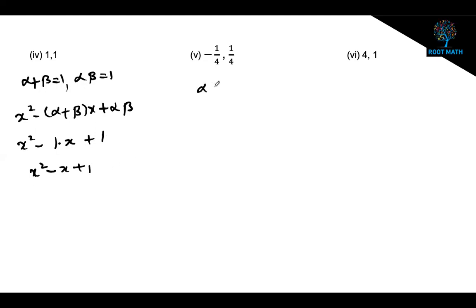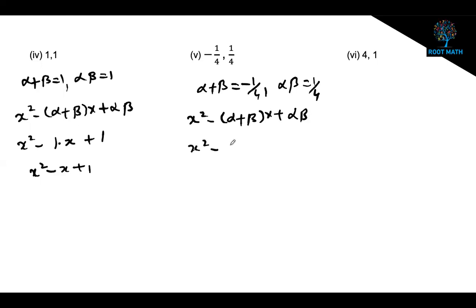And then the next question, alpha plus beta is equal to minus 1 by 4 and alpha beta is equal to 1 by 4. x squared minus alpha plus beta times x plus alpha beta. So x squared minus, already one negative is there, here one negative is there, negative 1 by 4 times x plus 1 by 4.